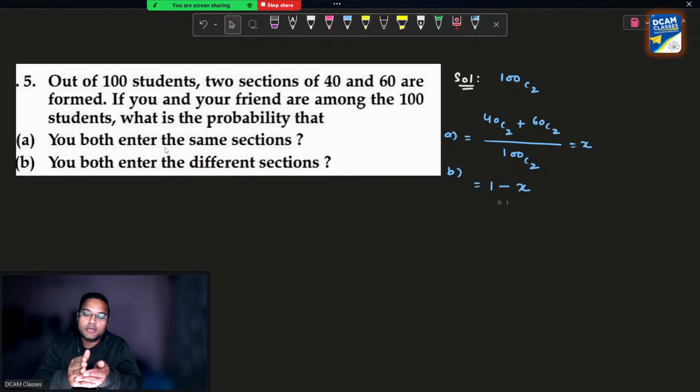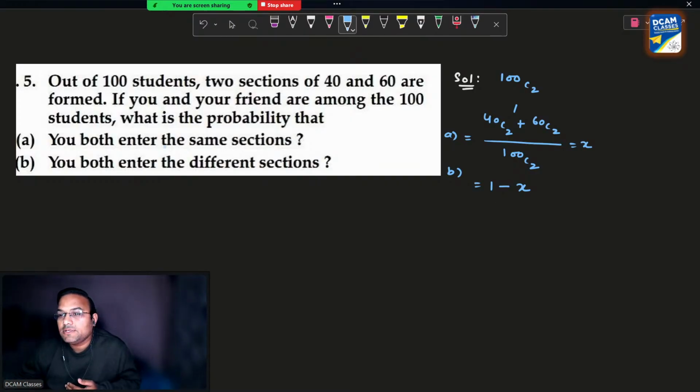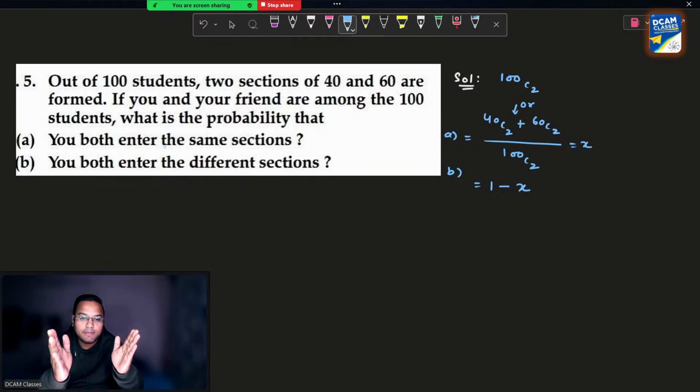Now, in the first case they have given, you both have to enter the same section. Either you and your friend are present in a section of 40, or you and your friend are present in a section of 60. Because 'or' is involved, that's why we are using plus here. The first case, when you and your friend both are present in the section of 40, that means there are 40 places.